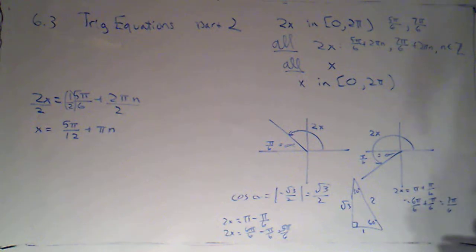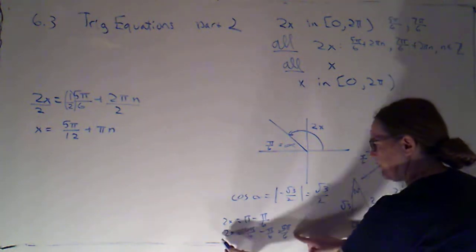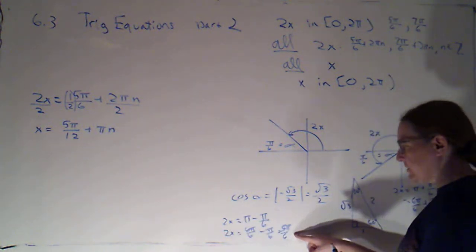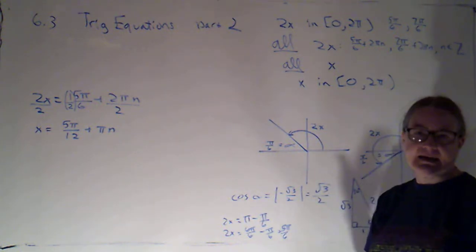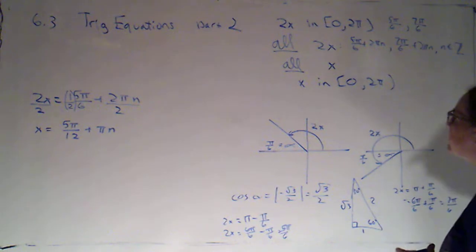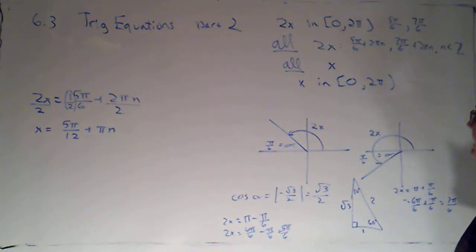Because it's tempting at this point to solve for x and say we get 5 pi over 12, which is what we would get, and then add 2 pi n to that. But we're actually only adding pi n, and we'll take a look at this graphically in a moment to see why. So I like to do things in this order.